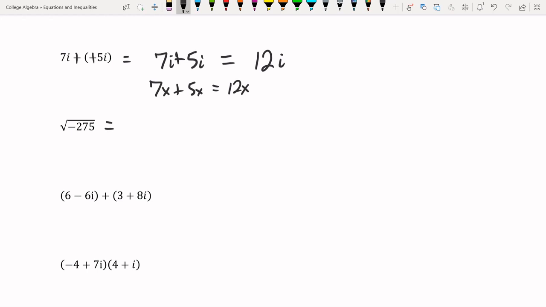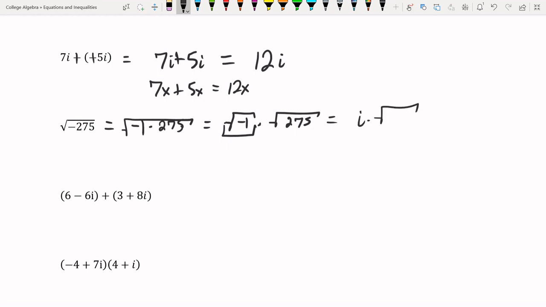So I can write this as the square root of -1 times 275, the square root of all of this. Equals the square root of -1 times the square root of 275. And this right here is i. We have i times the square root of 275.